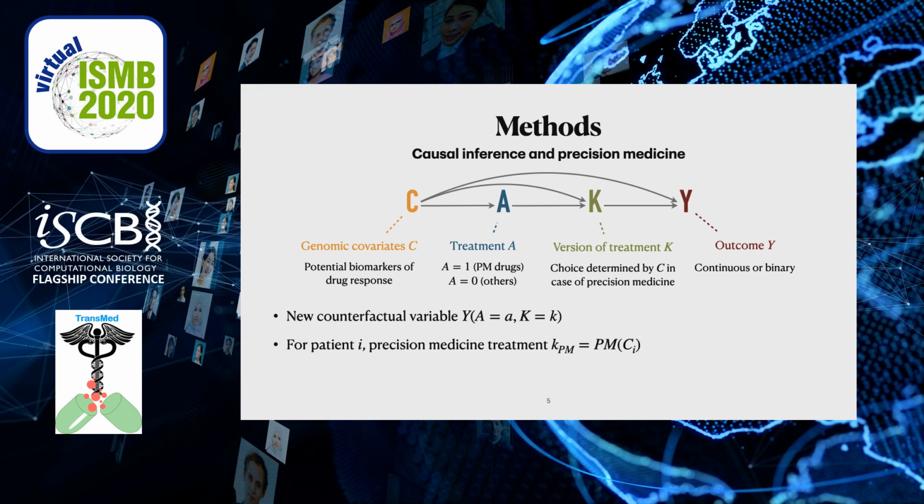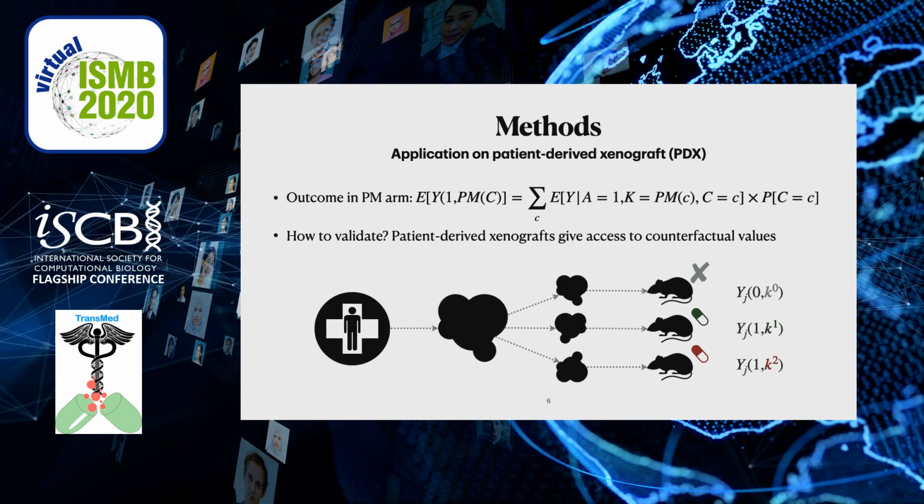So we define a new counterfactual variable, Y(A, K), and we define for each patient a precision medicine treatment, K_PM, that is a function of its genomic covariate. So one example of statistical estimators we can derive is this one.